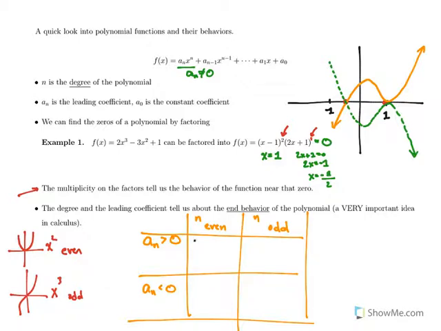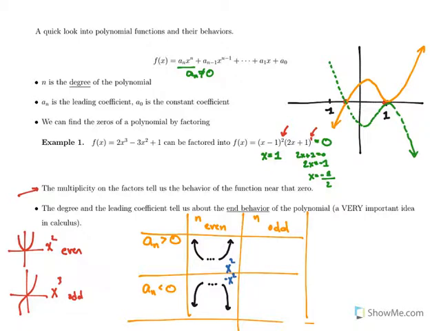And if the leading coefficient is positive, they're both going to go up. If it's negative, they're both going to go down. And I think it's okay to think about an example like x squared or negative x squared. It's a nice simple function to look back at.